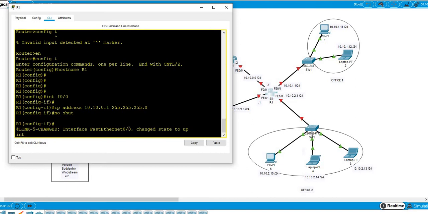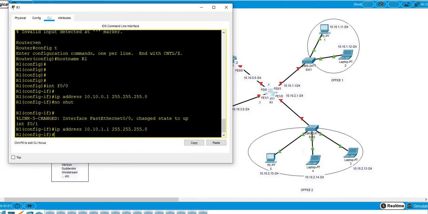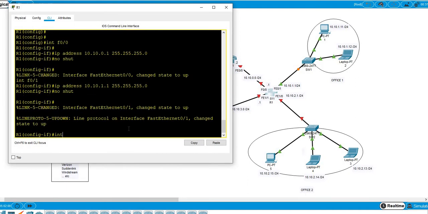Okay, let's do this real quick. Interface, let's start with the one towards Office 1, 0/1. IP address 10.10.1.1, 255.255.255.0. No shut. Interface fast 1/1.